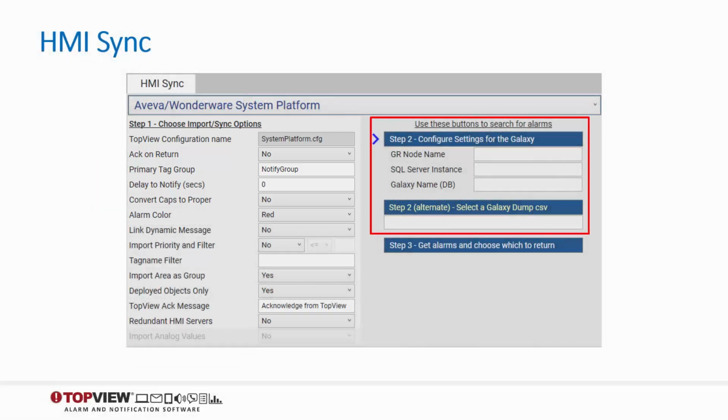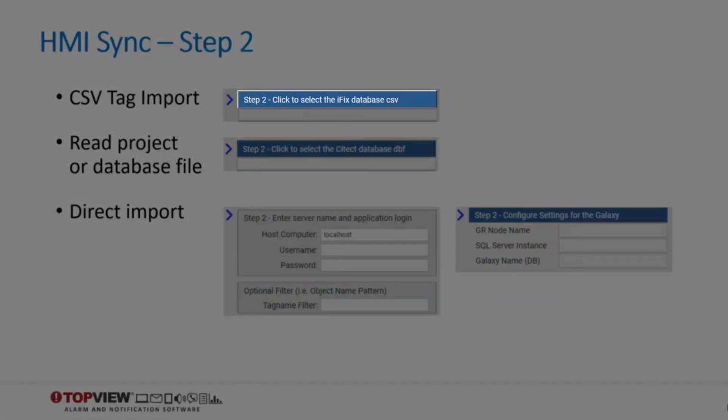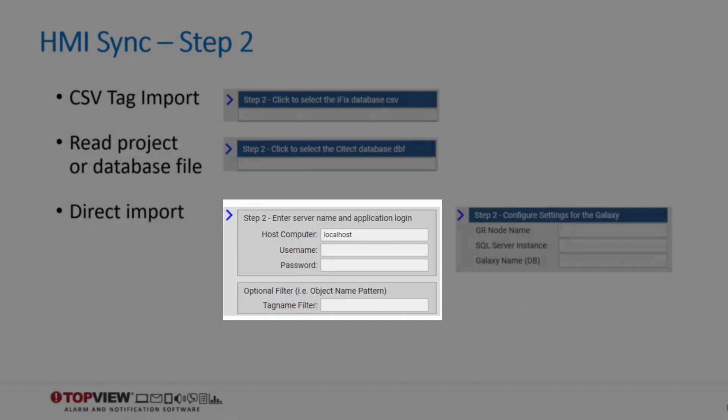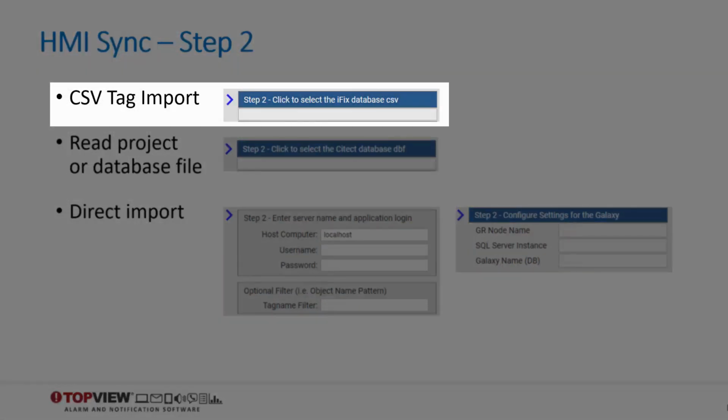The information in Step 2 is where you tell HMI Sync how to import the SCADA alarm information. The information you will see in Step 2 depends on your SCADA. If Step 2 is displayed as a colored button, click on the button. Otherwise, you can configure the information directly on the screen. If your SCADA uses a tag dump file, you'll be prompted for the location of the file.